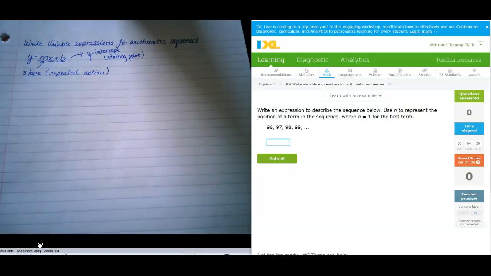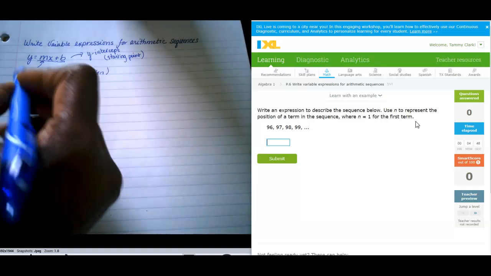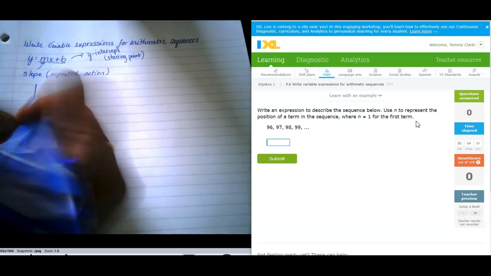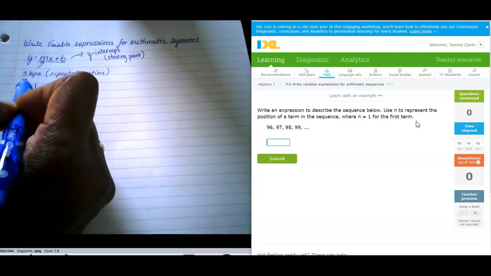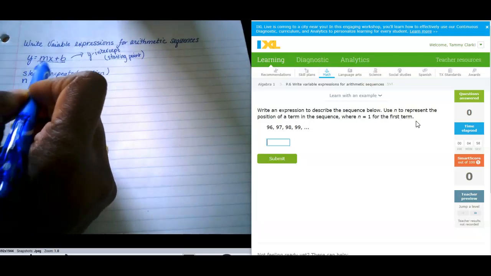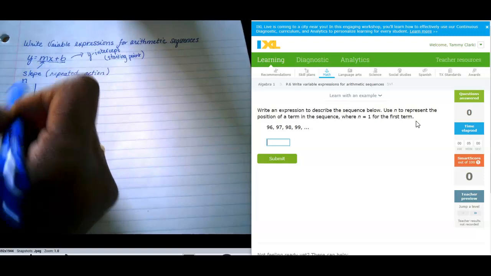So we have here, write the expression to describe the sequence below. Use n to represent the position of a term in the sequence where n equals 1 for the first term. All right, so what they're saying is that if we were to draw a table, instead of putting x, I would put n.